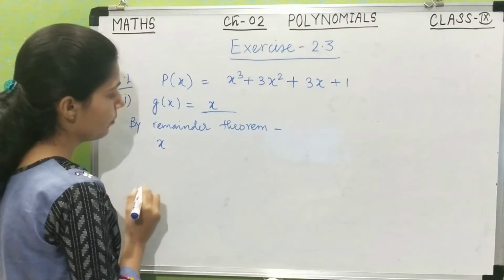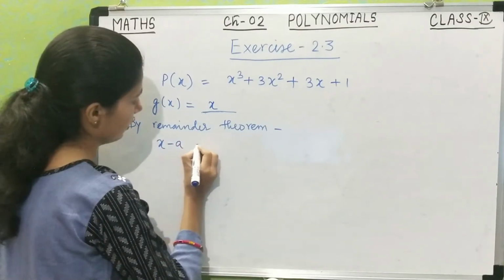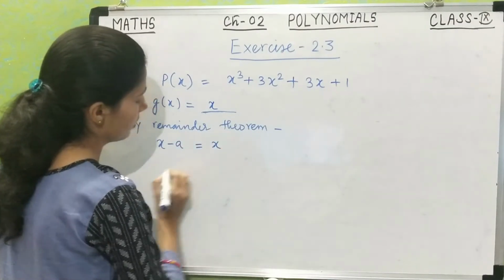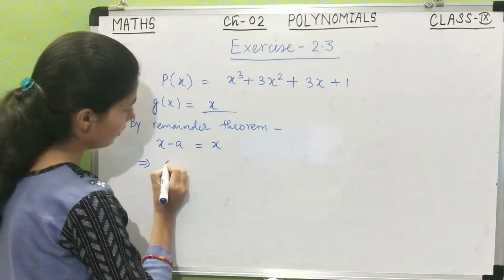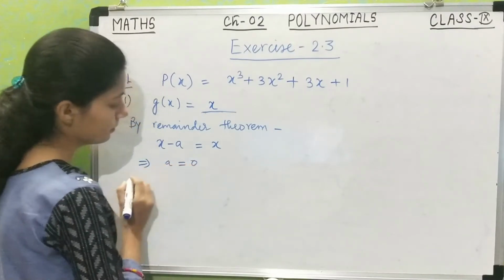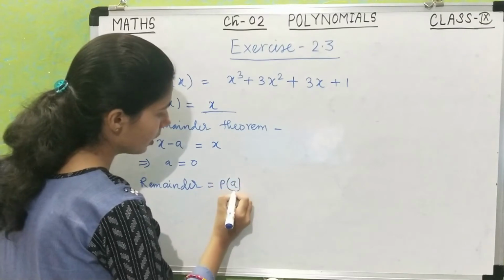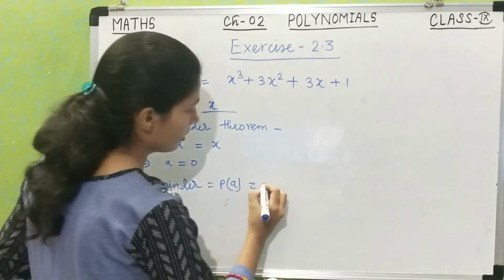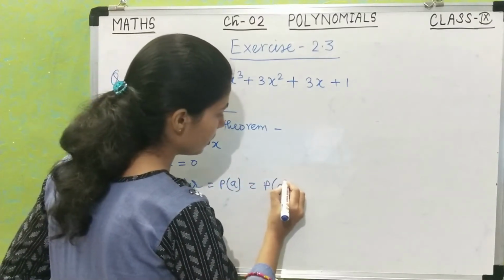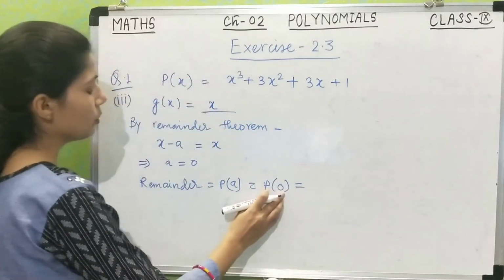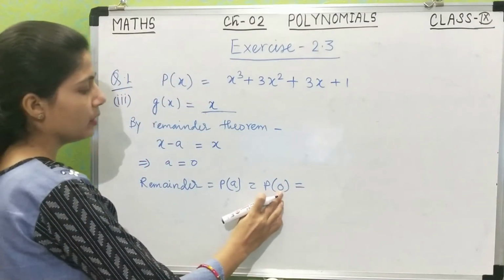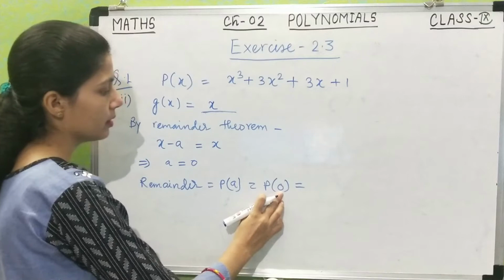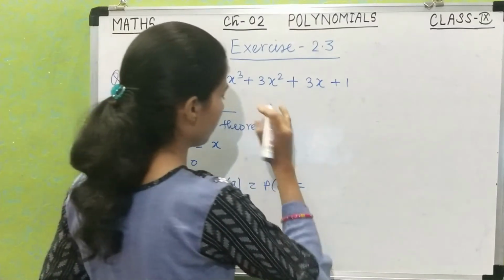So if we equate x minus a equals to x, here a will be 0. So pa is p at 0, meaning you have to apply the value of x as 0 in the given polynomial.